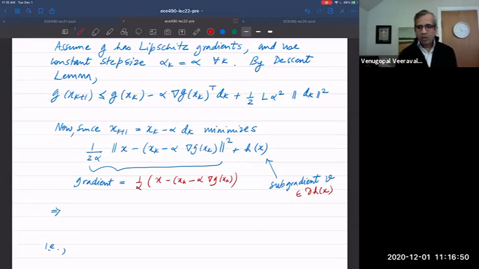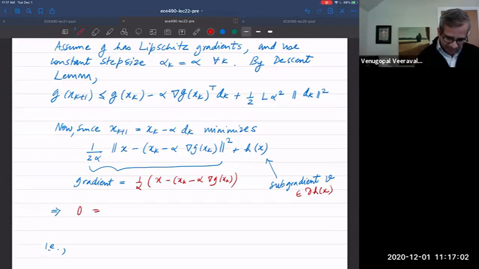And what we know is that since it's the minimum, 0 has to equal the subgradient, which is the gradient here at x. So xk plus 1 is the one that's doing this. So let's write that as xk plus 1, since xk plus 1 is the minimizer.